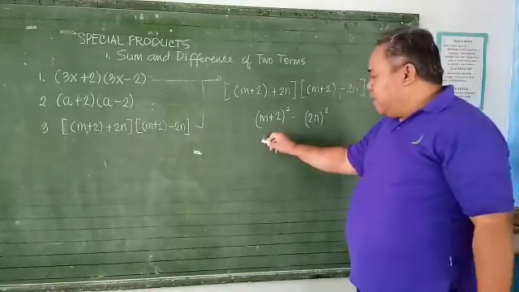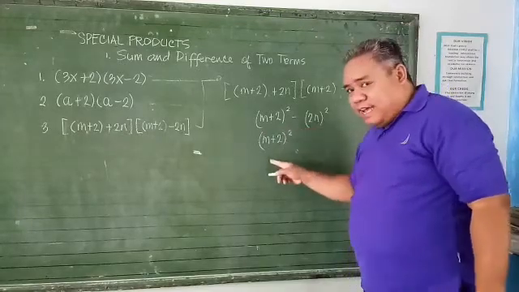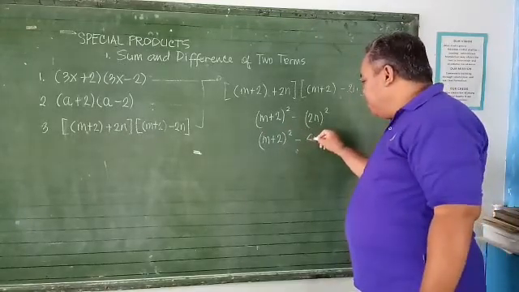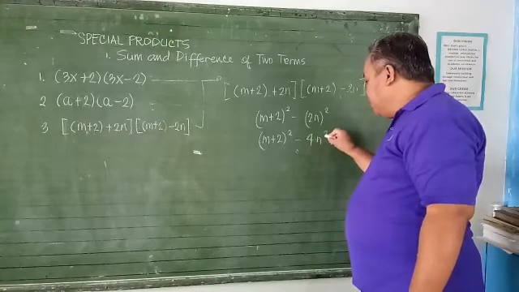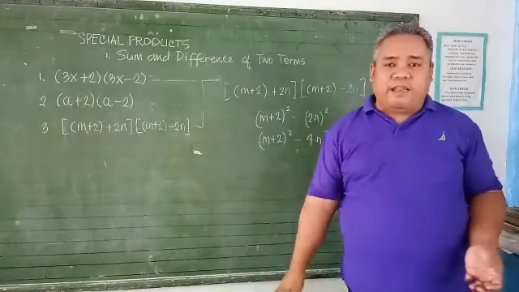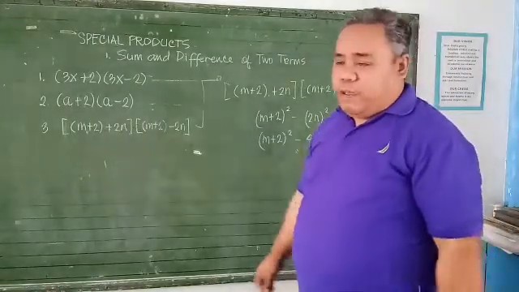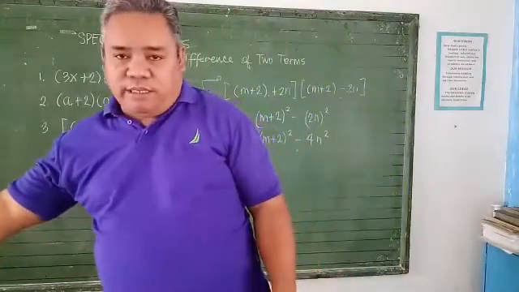So this is (n plus 2) squared, leave nyo lang yun sa ganyan, and then the other one should be 4n squared. And that will be the answer for that. So that is the sum and difference of two terms that give you the product of a difference of two squares.